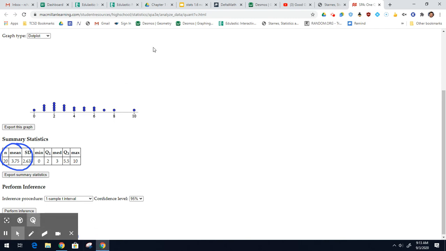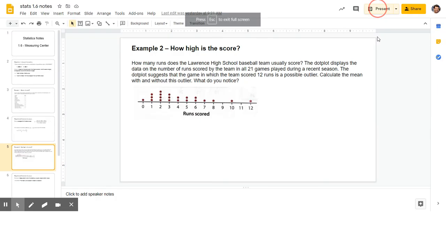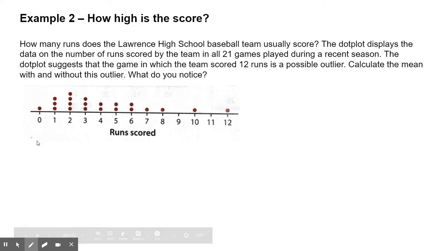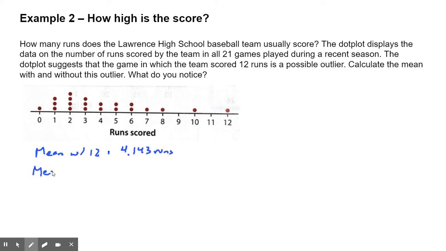Okay, so let's answer the question. The mean with 12 was 4.143 runs. And the mean without 12 was 3.75 runs. So what happened to the mean? What do you notice?